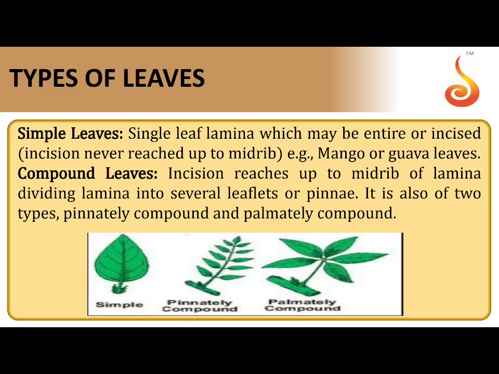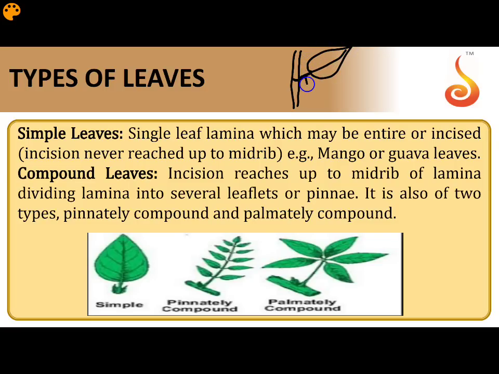The next topic we are going to understand is types of leaf. When we are understanding types of leaf, the main important thing you should understand is the structure itself. In the previous diagram we saw that on a stem at a node there is an axillary bud which grows into a leaf.